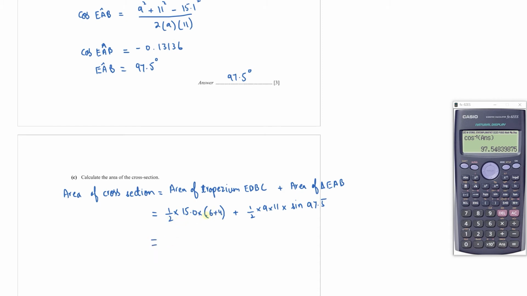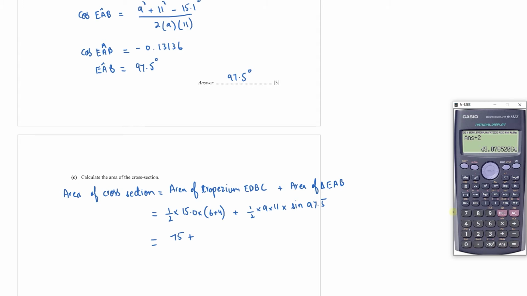So 6 plus 4 is 10. 10 divided by 2 is 5, and 15 times 5 is 75, plus this. So let's calculate this. Sine of 97.5 multiplied by 11 multiplied by 9, and then divided by 2.